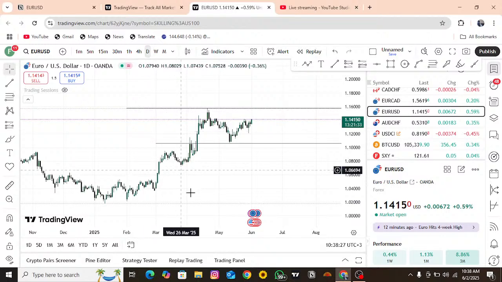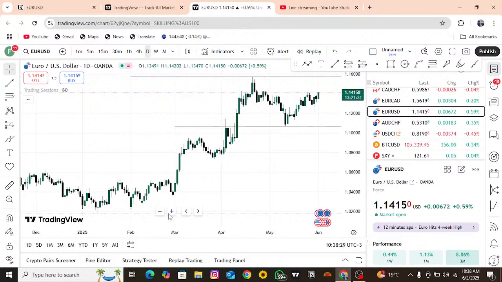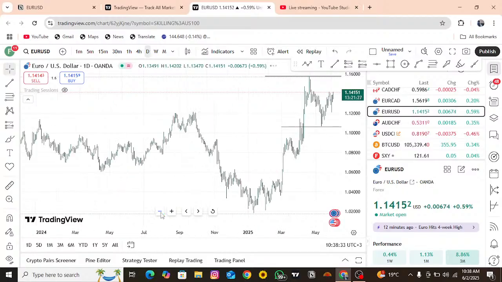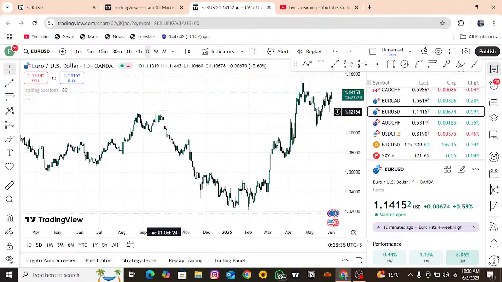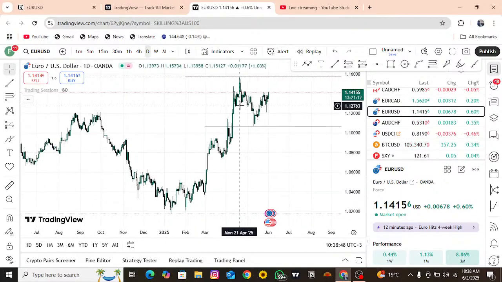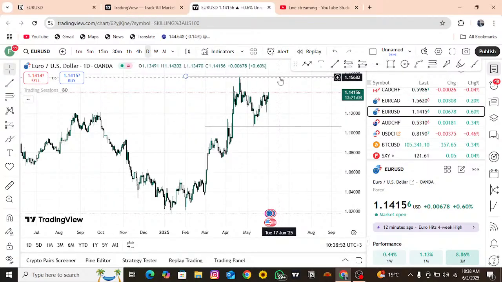When it comes to my daily, again, the market broke past this level here, so I think we are very much bullish again in the daily time frame, and we might see price really want to come and collect that.